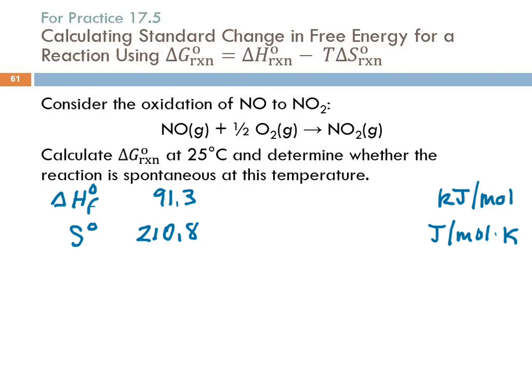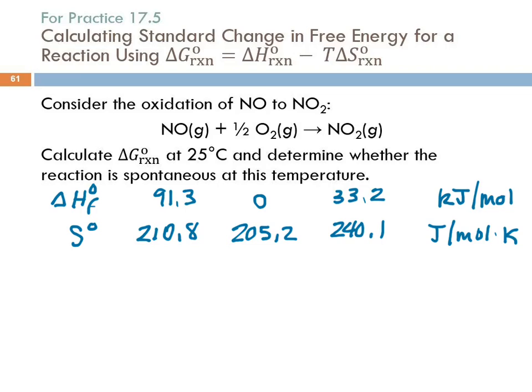Delta H, the heat of formation for oxygen, is 0 because that's in its standard state. So that's 0, but its entropy is not 0. It's 205.2. And then we look up NO2. Heat of formation is 33.2, and the entropy is 240.1.